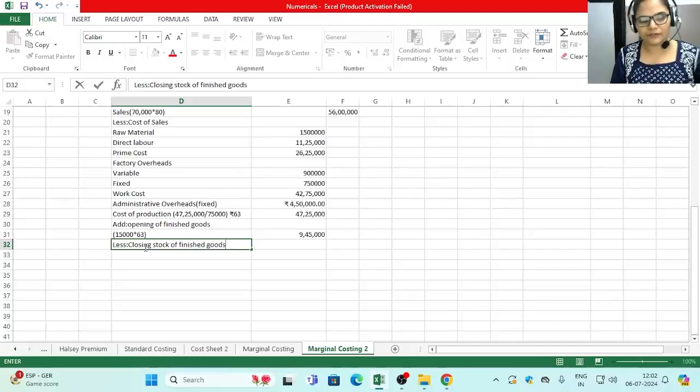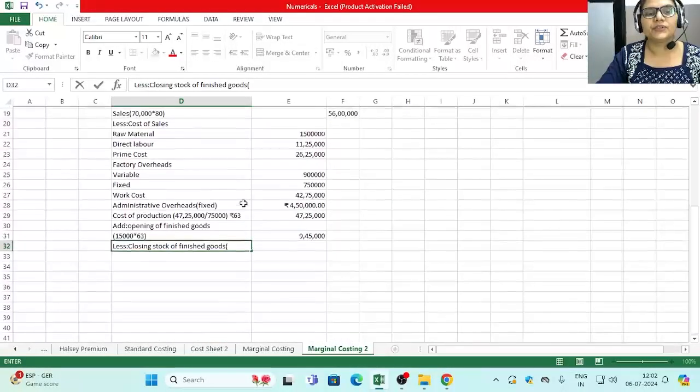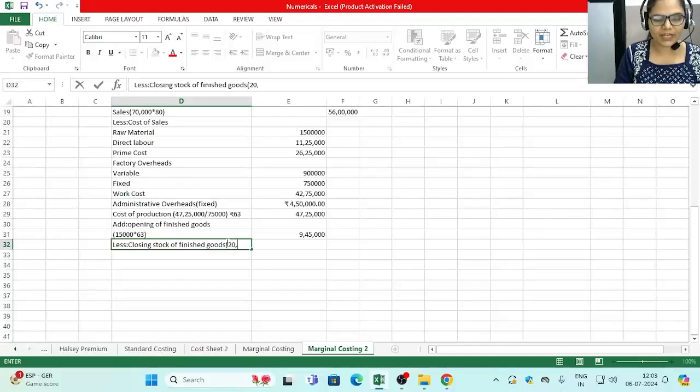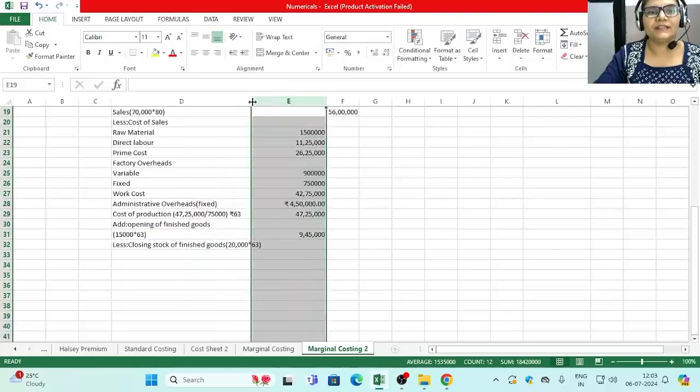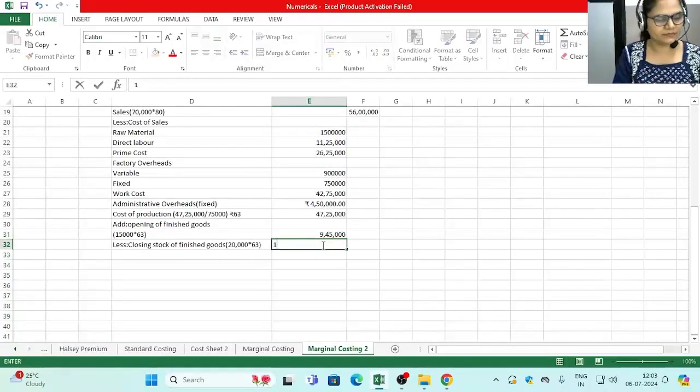Closing stock of finished goods we have calculated is 20,000 units, and we know cost per unit is rupees 63. So we will multiply this by 63 and we will get 12,60,000.